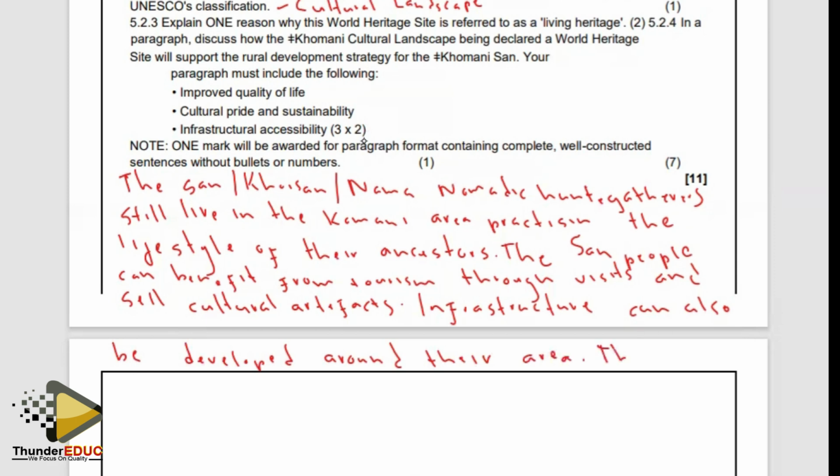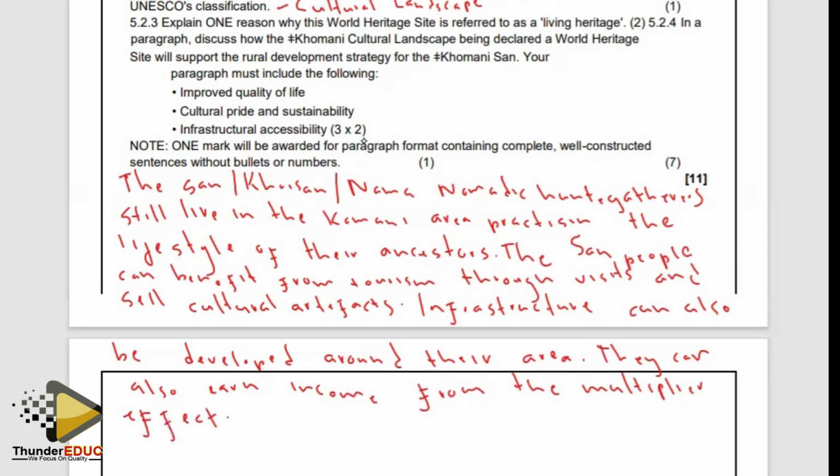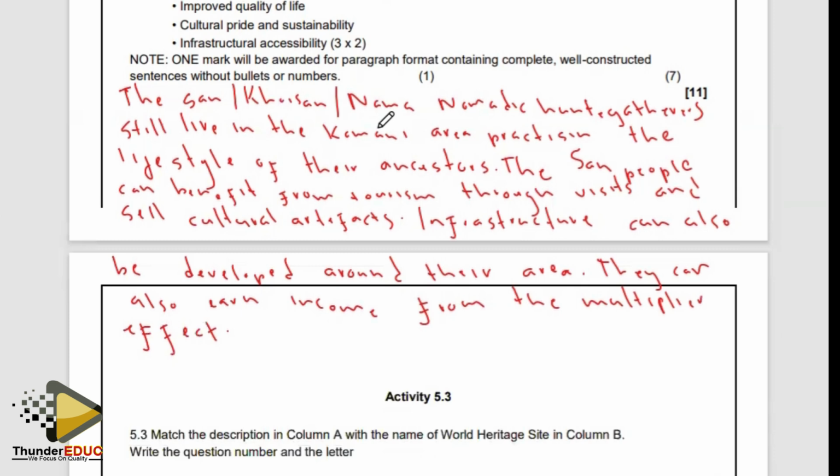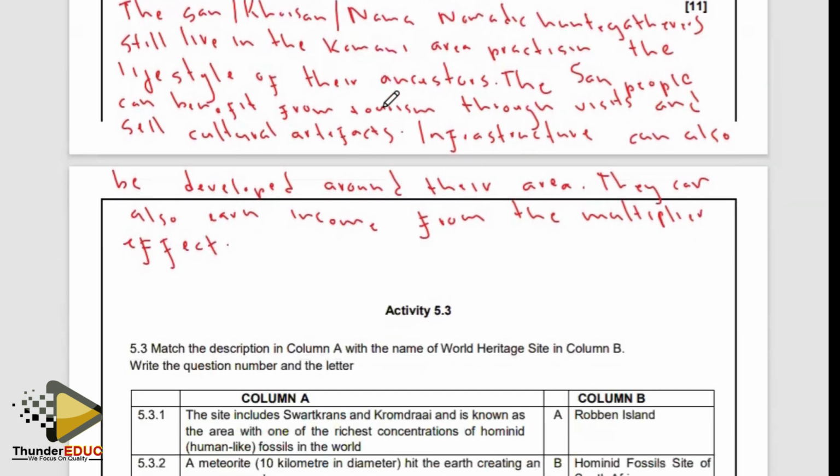They can also earn income from the multiplier effect. That is how the San people can benefit from this particular World Heritage Site.